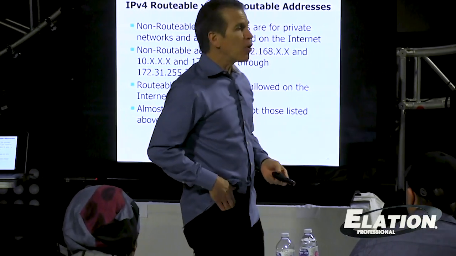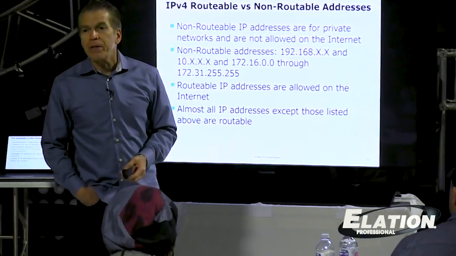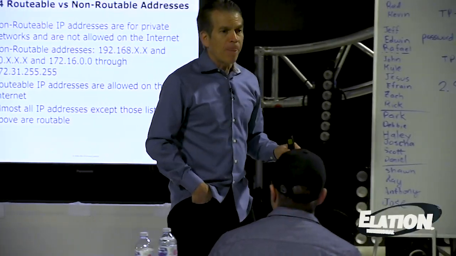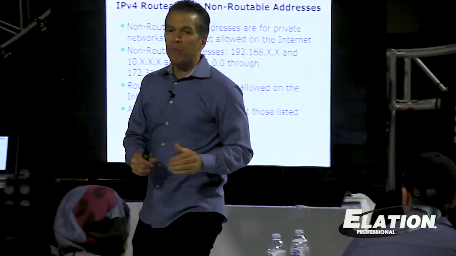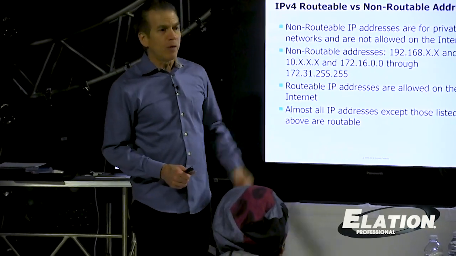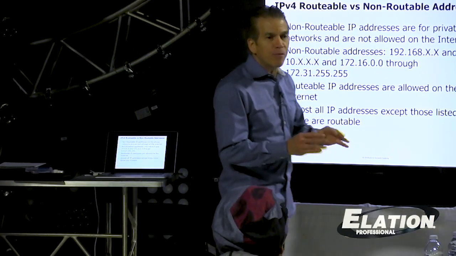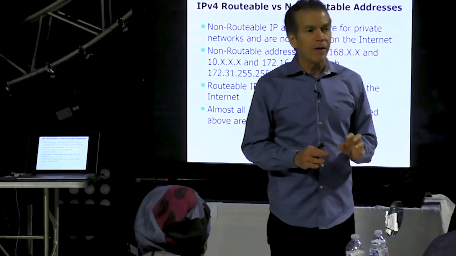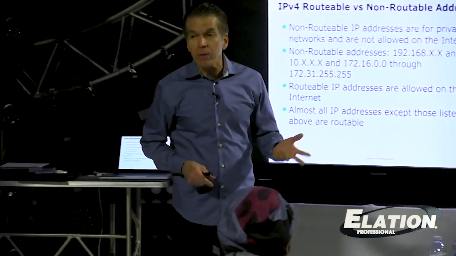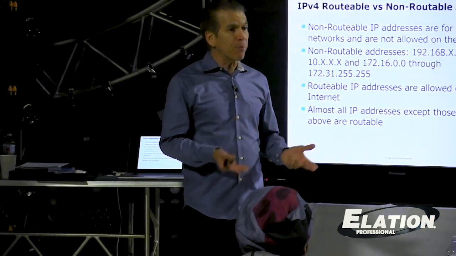and he told me the reason he did that is because there are some switches that will block non-routable traffic. Now you can go into the configuration and turn that off and allow non-routable IP addresses to get through the switch, but he wanted to make it simple.